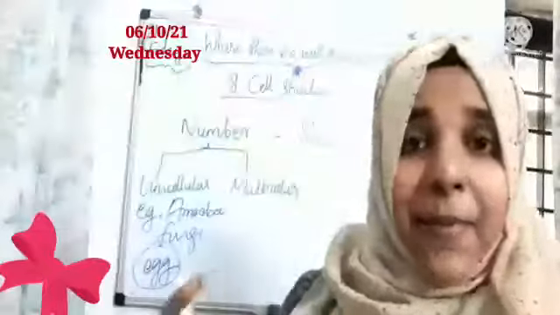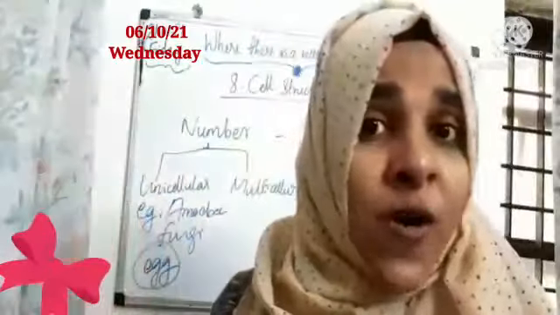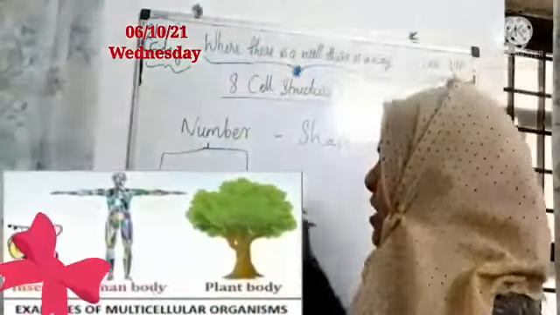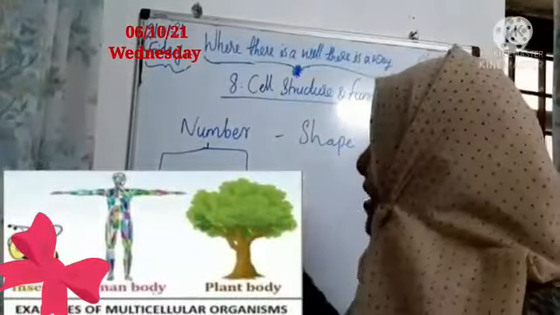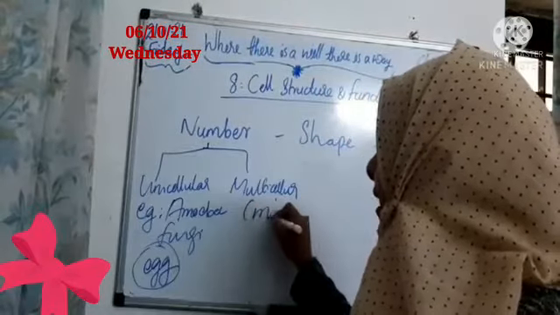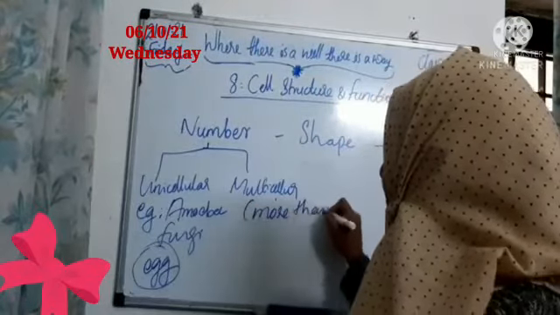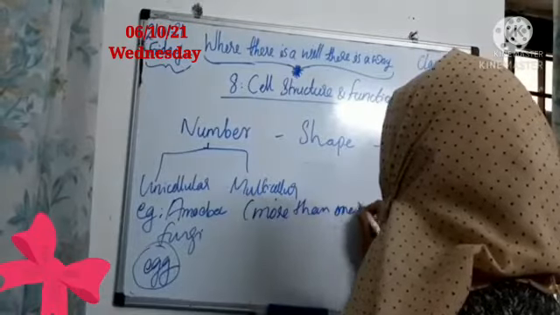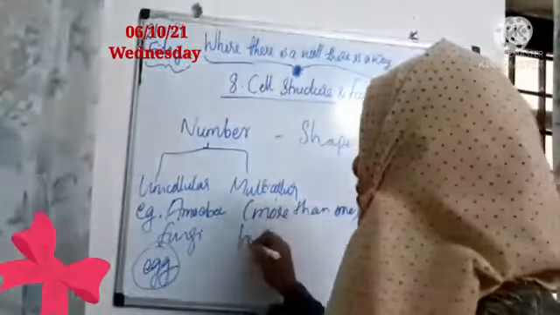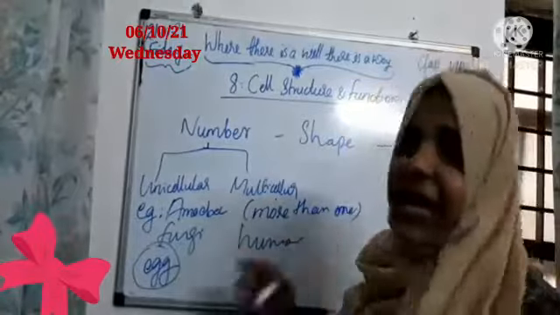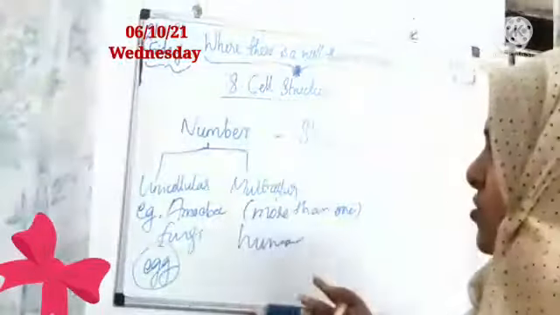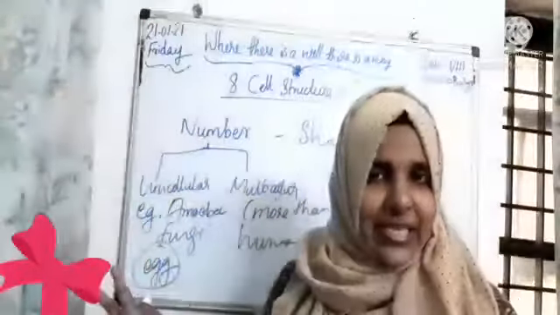A multicellular organism is made of more than one cell. Examples are the human being, which is a multicellular organism, then rat, elephant, frog. These are also multicellular organisms.